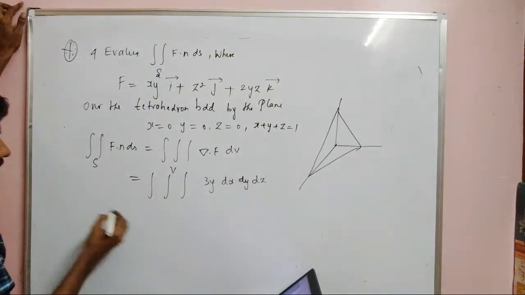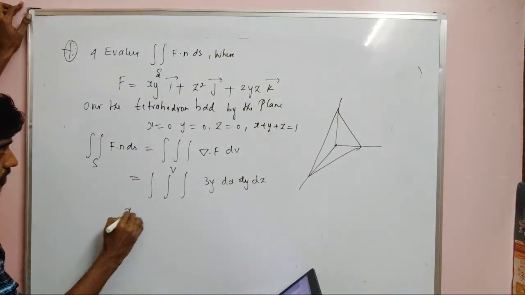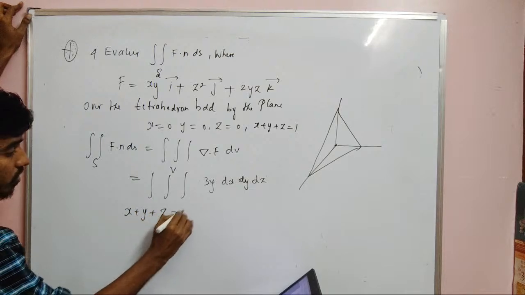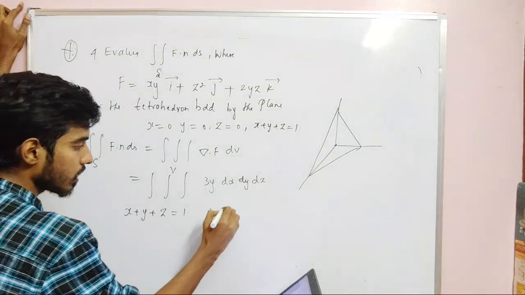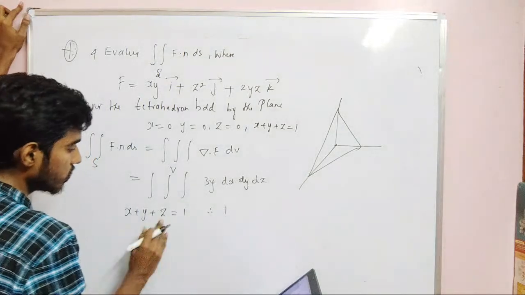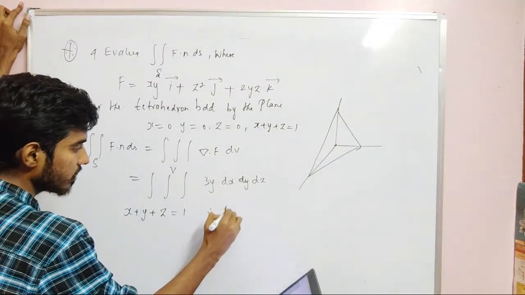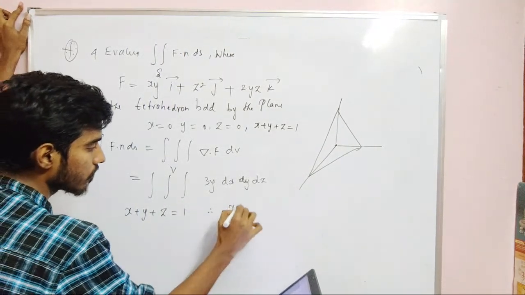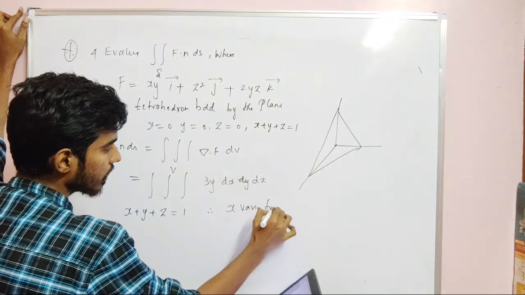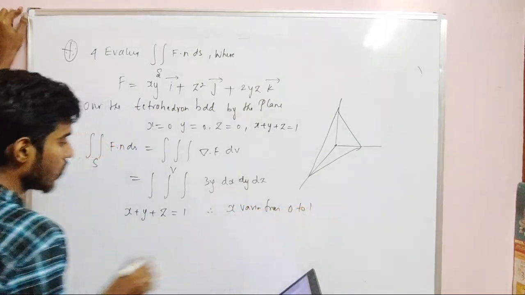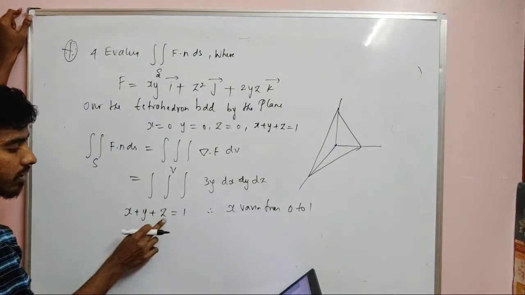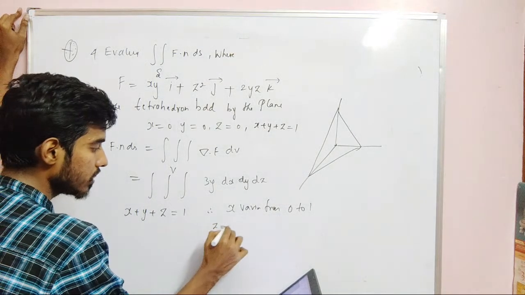You can easily find them, as I have already said, we have already found how to find the limits, right? So for the x limit, put y equal to 0, z equal to 0. That means x varies from 0 to 1. To find the y limit, put z equal to 0.